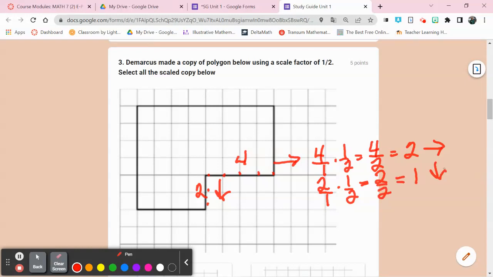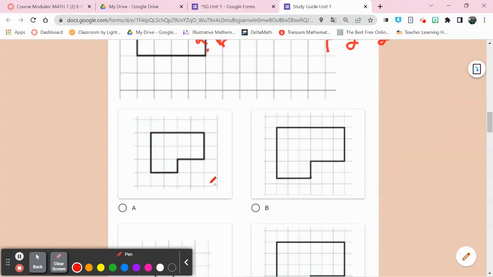And then 1/2 of 2, or 2 over 1 times 1 over 2, gives me 2 over 2, or 1, down. So now I'm going to go look at my scale copies. I need one that this side is 2, and going up and down here is 1. Let's go look. Well, there's A. This one here, 1, 2. Well, that works. And when we go down, it's 1. We found it. Let's look at the other ones to make sure.